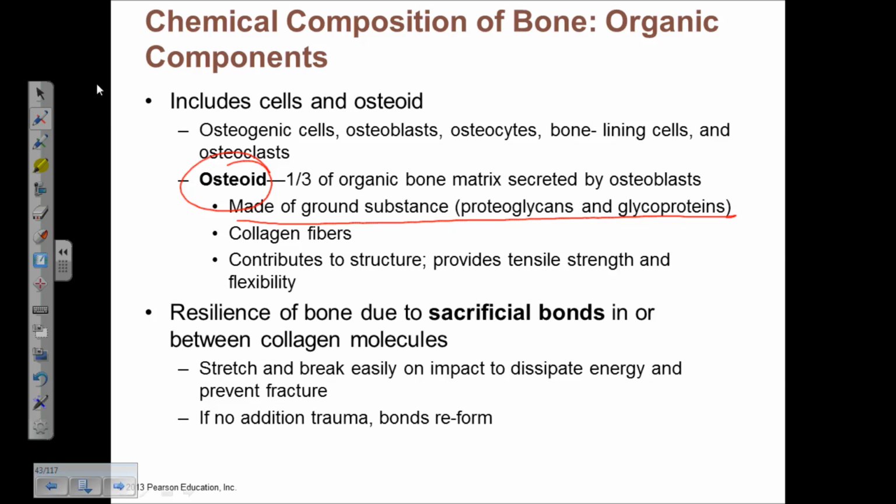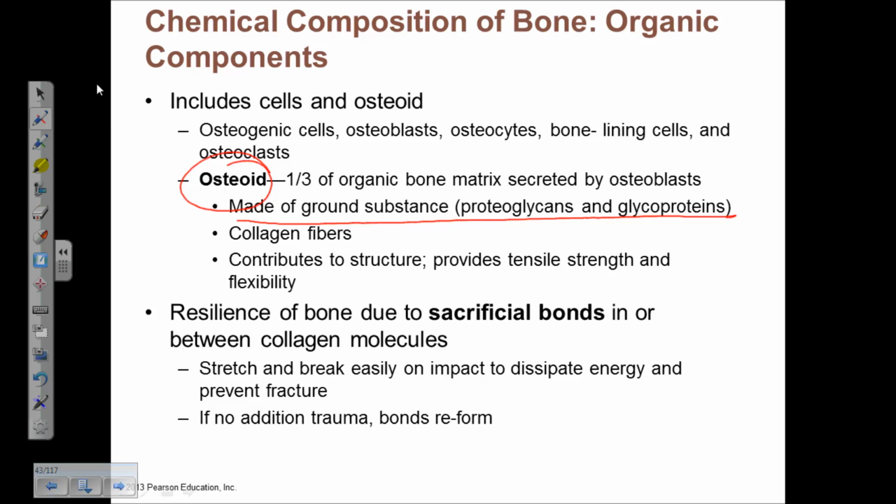So proteoglycans mean that it consists of what? Protein and sugar. What about glycoprotein? The explanation is very simple, actually. If you have more protein, it's glycoprotein. If you have more sugar, it's proteoglycan. This is it.